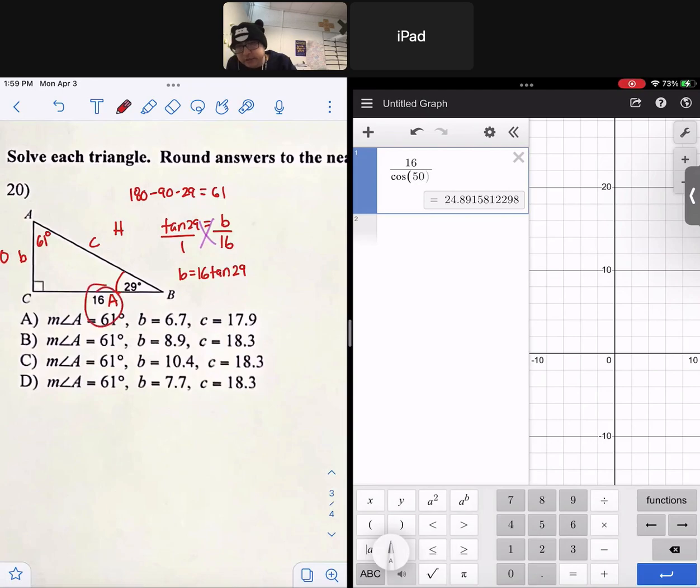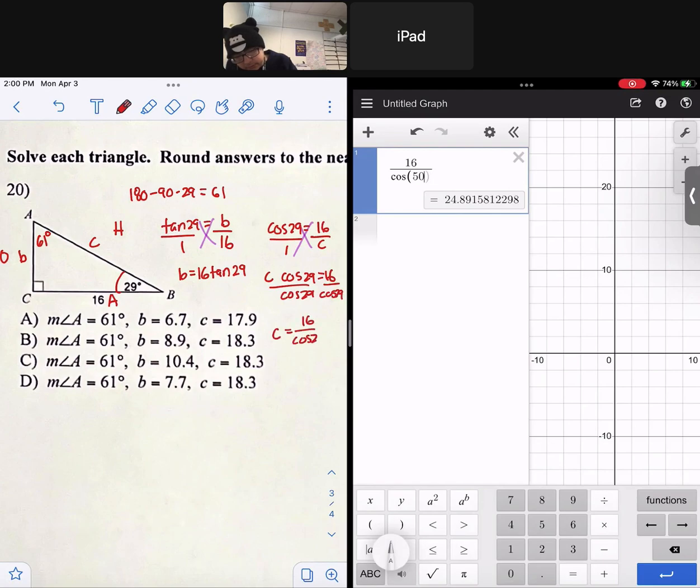Now we're going to use adjacent still because it has information, and we want to find now the hypotenuse c. So A and H, which uses cosine. Cosine of 29 equals adjacent over hypotenuse. Cross multiply. C cosine 29 equals 16, and divide both sides by cosine 29.